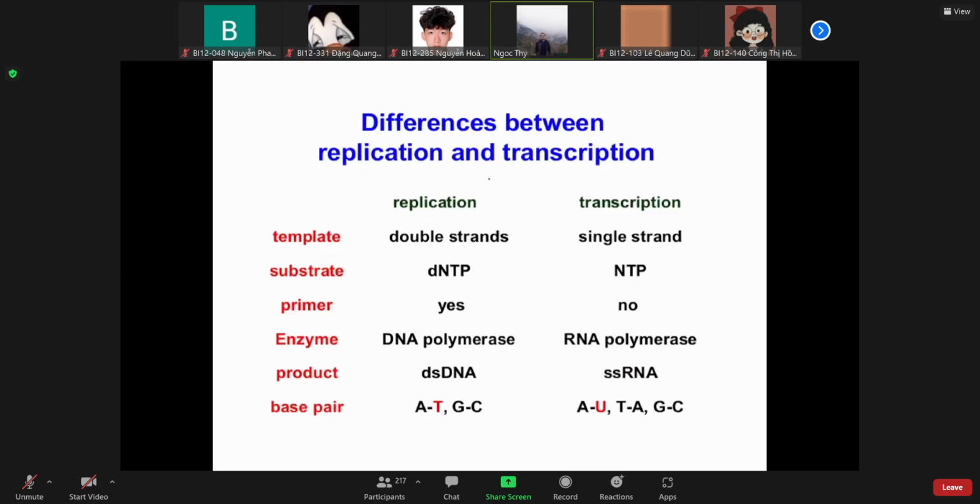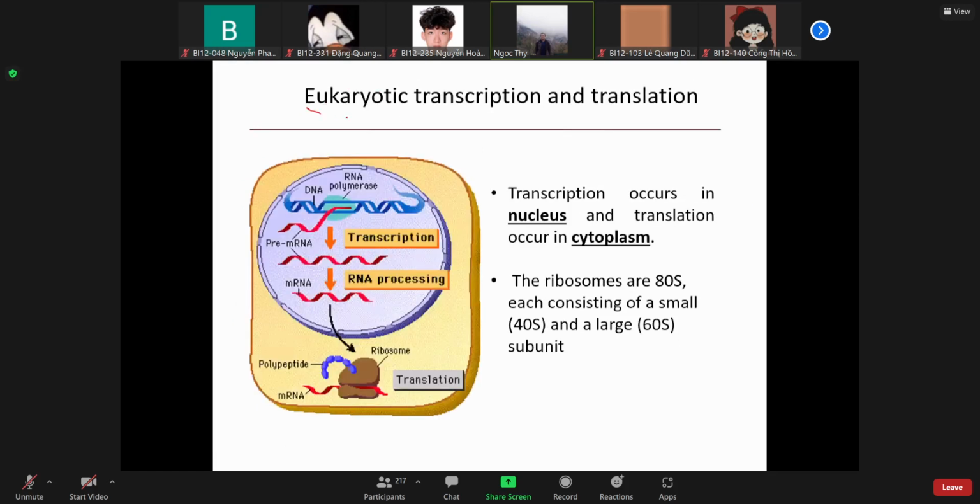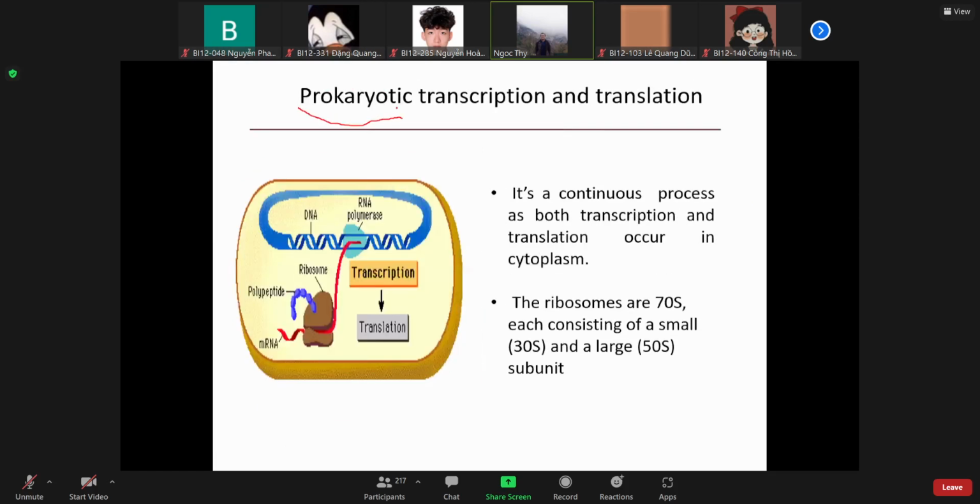Last week, we also discussed the differences first in the transcription and translation of the prokaryotic cell and the eukaryotic cell. Okay. So in the prokaryotic cell, because we don't have a nuclear membrane to separate the nucleus region from the cytoplasm, transcription and translation happen continuously.